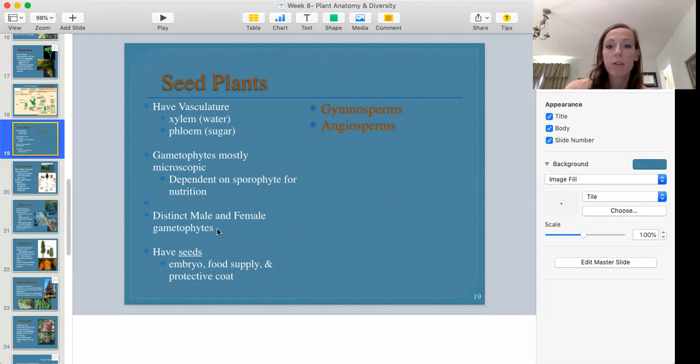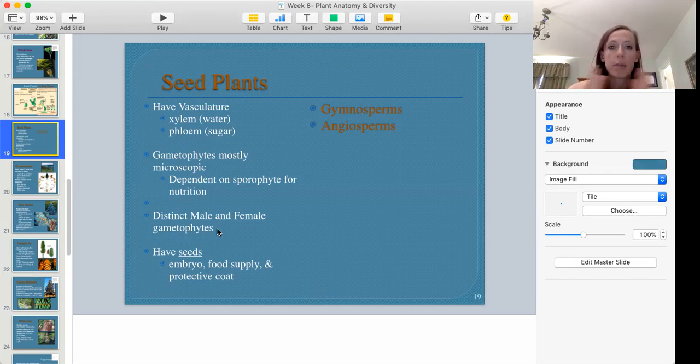And then now, of course, key point here, we have seeds. Seeds are going to be like a protective coat that encloses the plant embryo, which is diploid at this point. It's after fusion of sperm and egg has produced the plant embryo. It is housed within the seed coat, and it's packaged up with a food supply to get that embryo started when conditions are right.